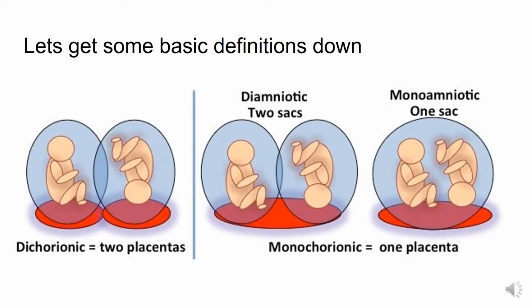So very basic definitions. When we refer to the chorion, that is referring to the number of placentas. And so a dichorionic pregnancy has 2 placentas. Monochorionic pregnancies have 1 placenta. Diamniotic has 2 amniotic sacs. Monoamniotic has 1.